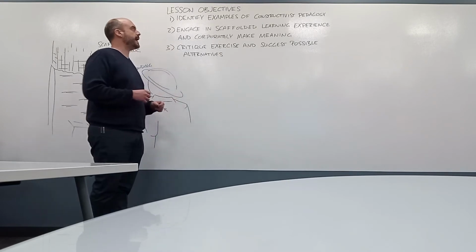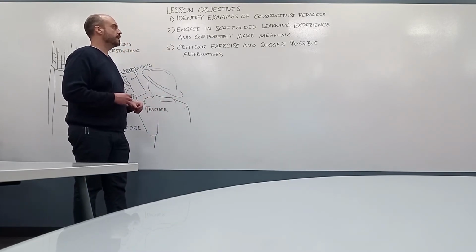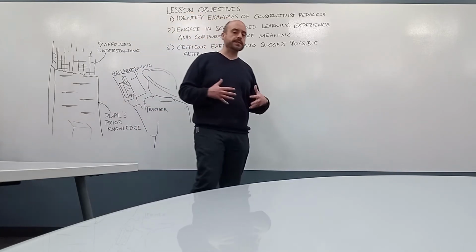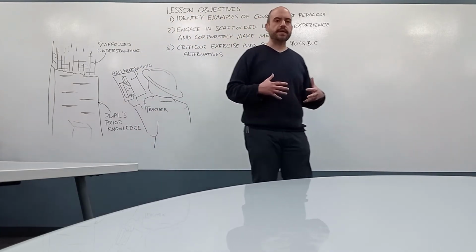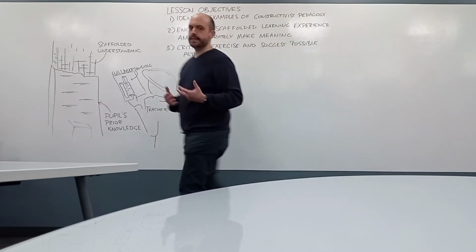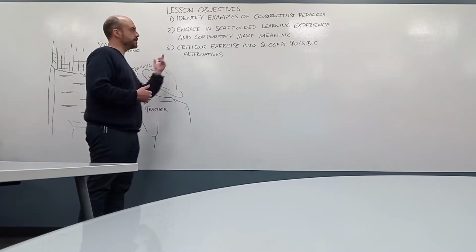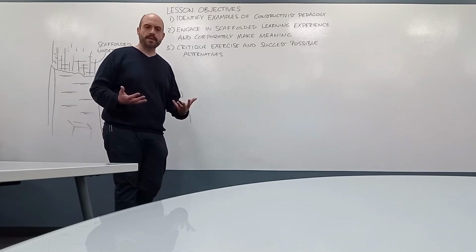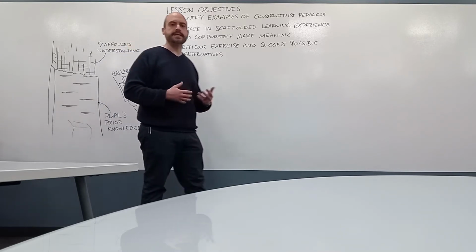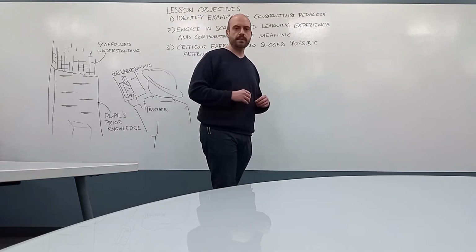Second, I want to engage in a scaffolded learning experience to corporately make meaning. We are going to do this together, rather than just thinking of this as me trying to give you information. The third thing is I want you to critique me. I want you to critique my exercise, tell me whether it works or doesn't, and suggest possible alternatives for getting the same information across.